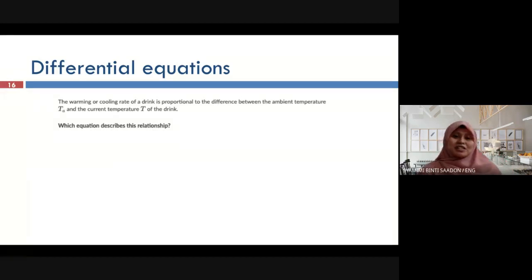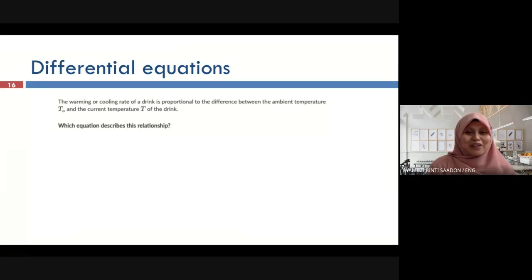So what equation describes this relationship between the temperature of the drink, the ambient temperature, and time, of course, t? How do we write this sentence, this problem, in terms of a differential equation? Do you understand?